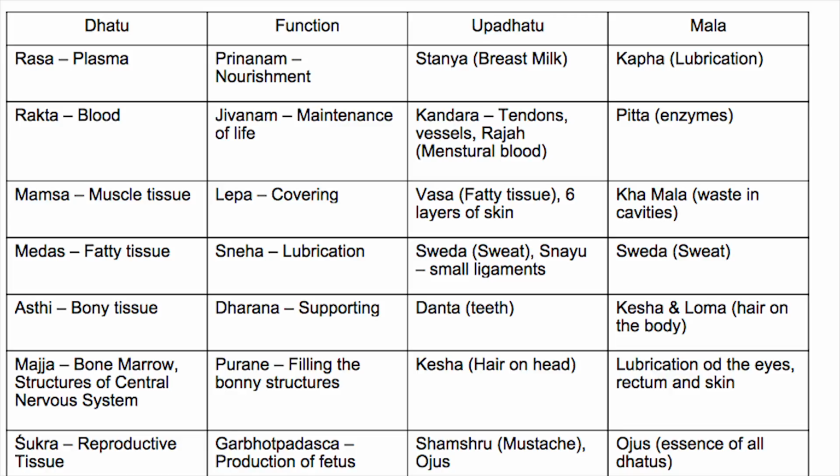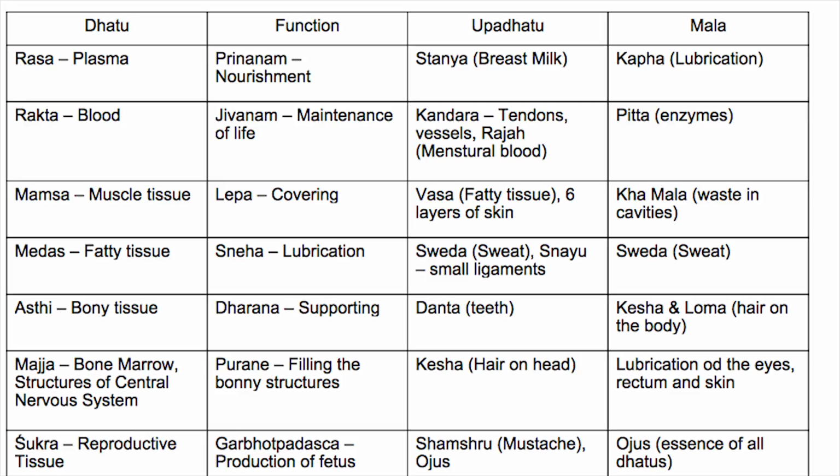So in understanding that, the presence and growth of hair on the body gives us an idea of the process of dhatu parinama, or the nourishment of the dhatus. If a person has proper growth and production of the hairs on the body, that indicates that the process going on internally is being done in a proper way.